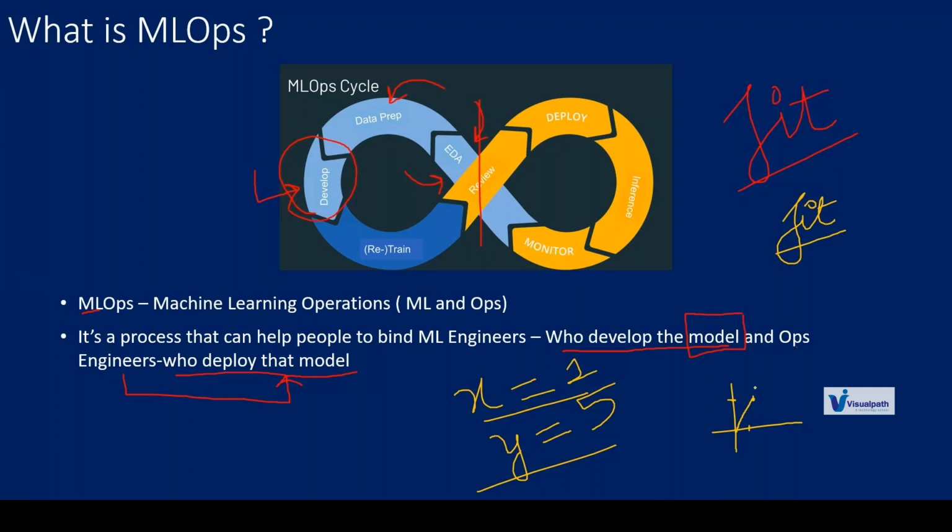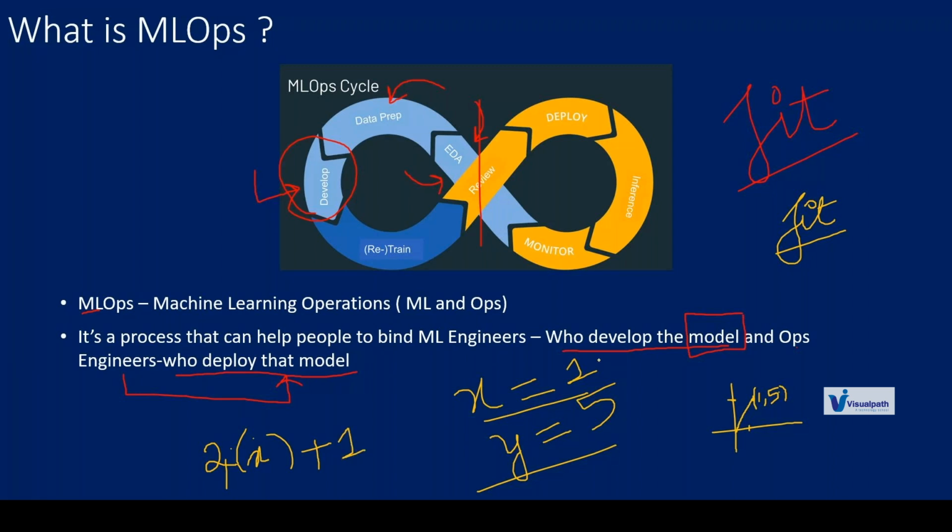Because 1 comma 5 is the best point that can connect these, right? So what could it be? 2 times the input, or let's say 4 times the input of 1 plus a constant value: 4x plus 1.